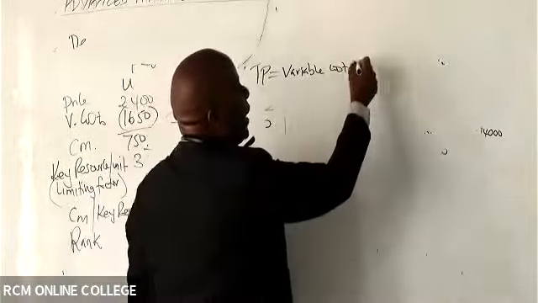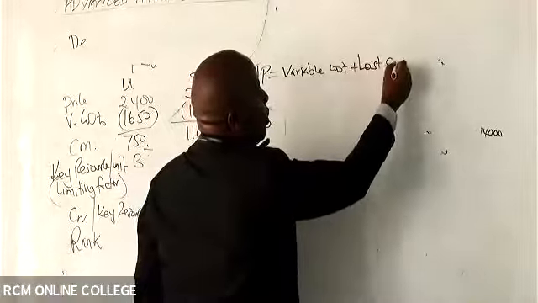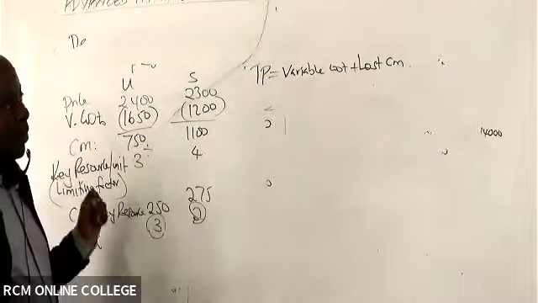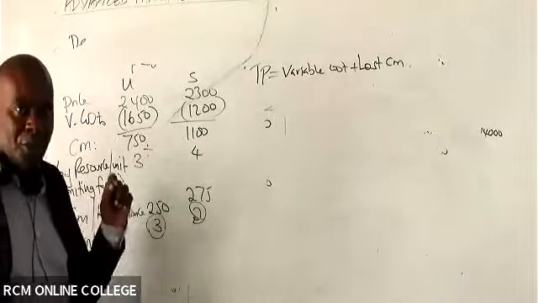And the opportunity cost in this case is the lost contribution margin. So you take the variable cost plus the lost contribution margin.